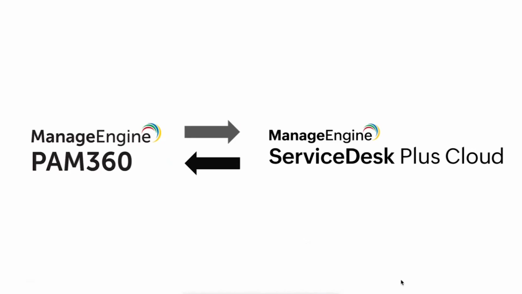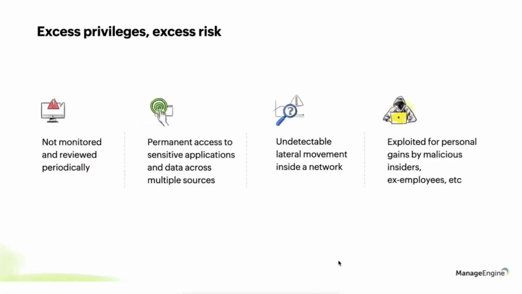Starting off really quickly here, standing privileges or excess privileges have been a risk factor for organizations across the globe. A primary problem is when you're sharing privileges that are greater than that required by the user in your organization to carry out their functions, right? So these privileges, once shared, may not be monitored and reviewed periodically.